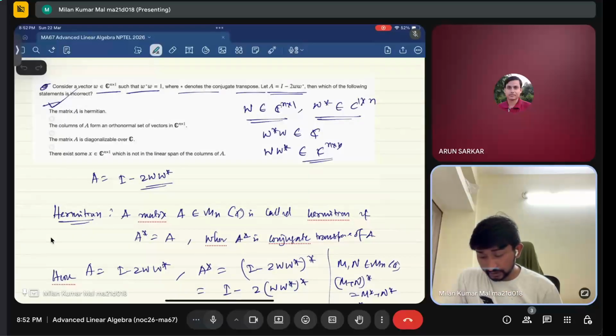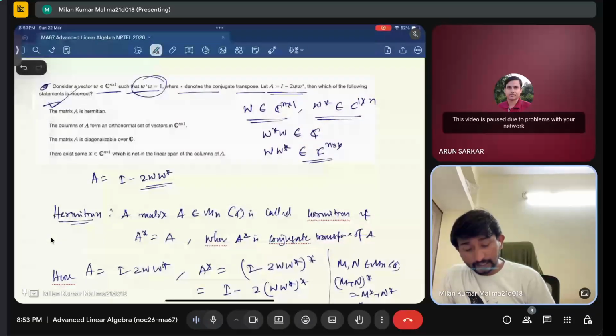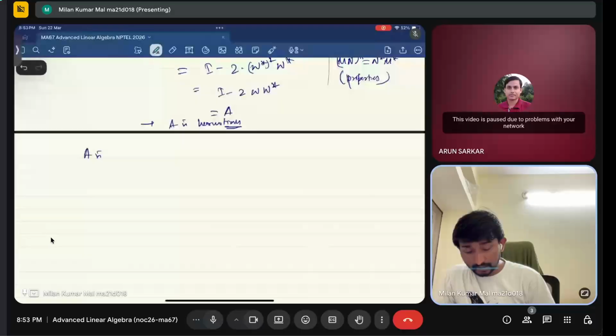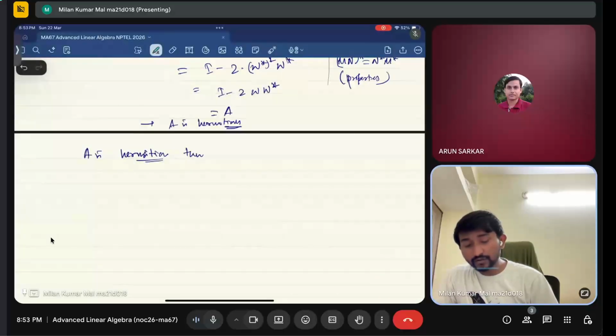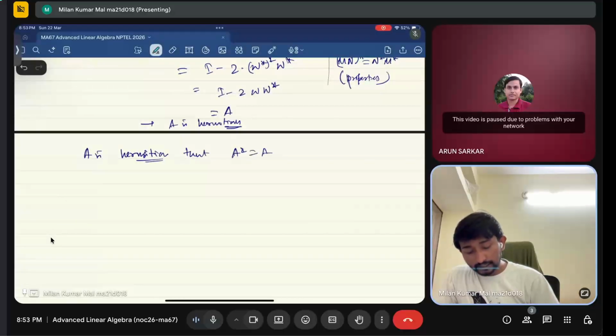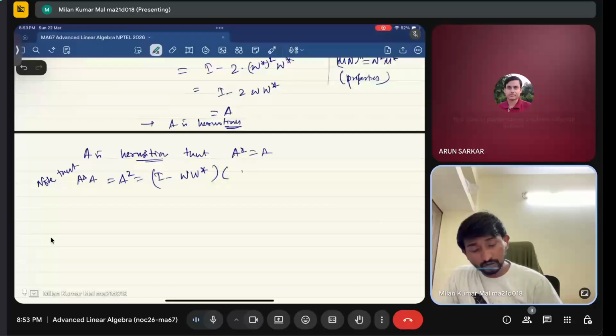How to use that fact? Note that the interesting fact is that A is self-adjoint, sorry, Hermitian. That is A star is equal to A. Now, note that A square, which is actually A star A, is equal to identity minus 2WW star whole into identity minus 2WW star.